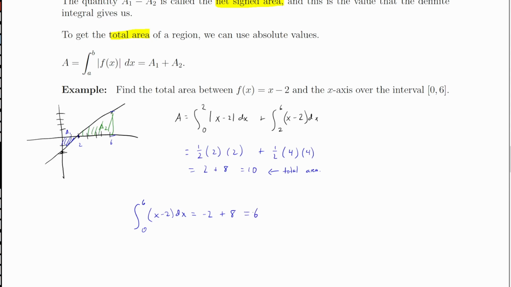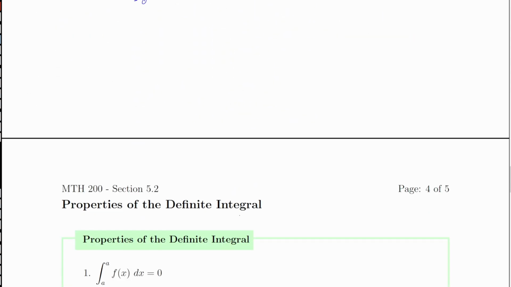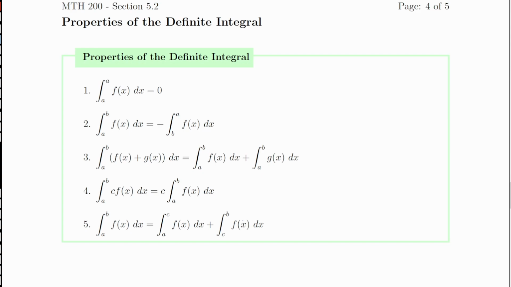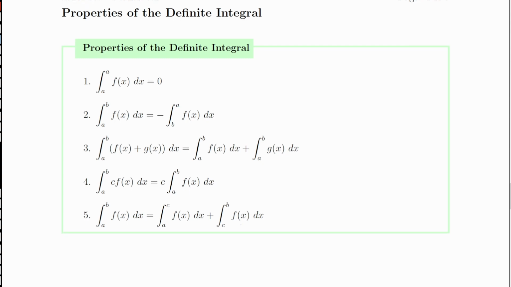Notice that 6 has nothing to do with 10. I can't recover the 10 from just looking at the 6, so we have to be very careful with what it is that we're trying to find and how we interpret area. Okay, so this leads us into some properties of integrals that go beyond just area a little bit.